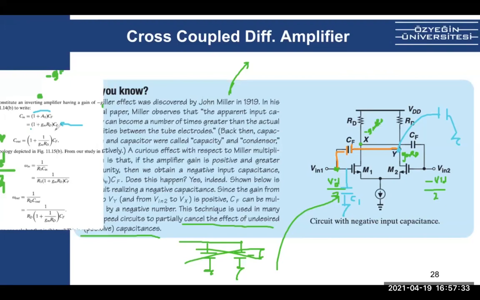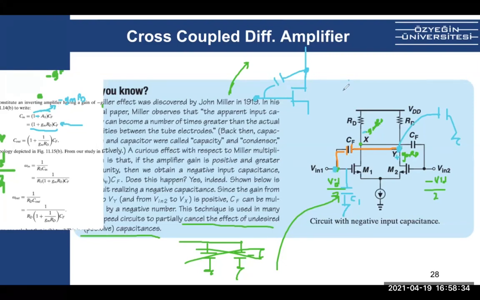Ama burada devre farklı. Burada artık eksi almıyorsunuz. Çünkü dikkat ederseniz it is connected to the other side of the transistor. So instead of the minus, you are getting plus. So actually the gain from this node to this node is plus.